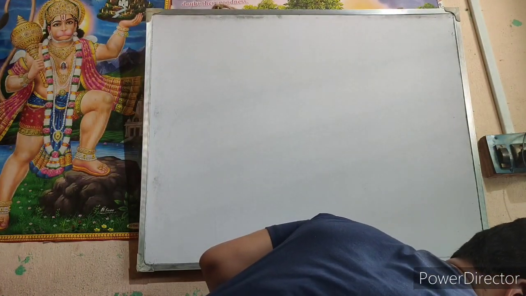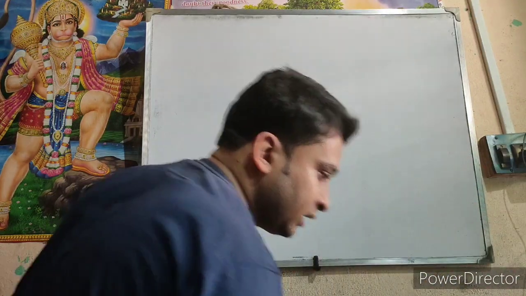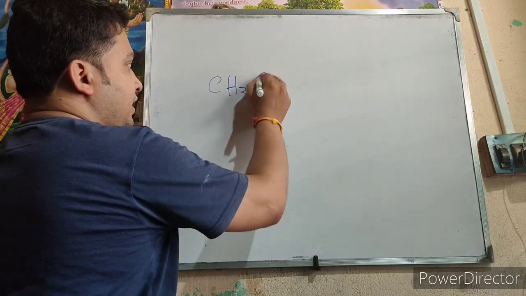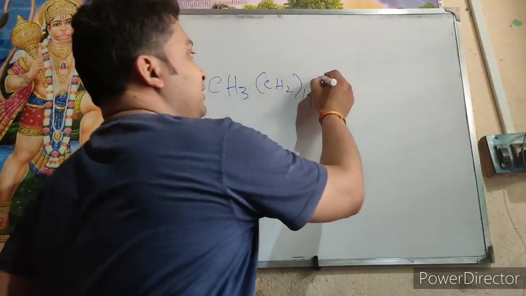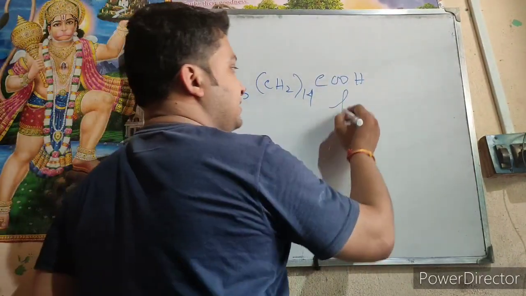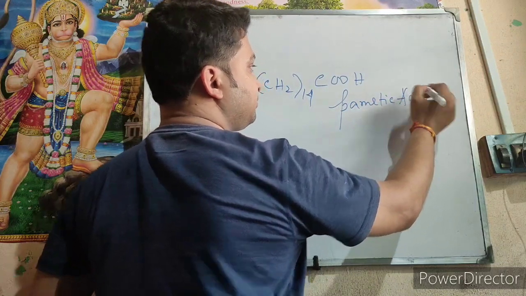I take palmitic acid. This is CH3, CH2 with the number of CH2 being 14, and then COOH. What's the name of this compound? Palmitic acid. Okay.